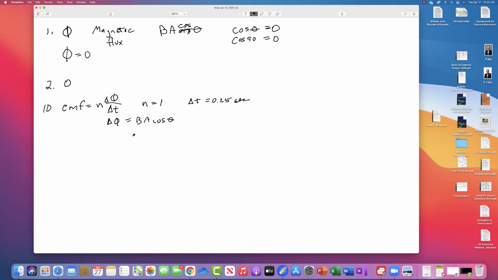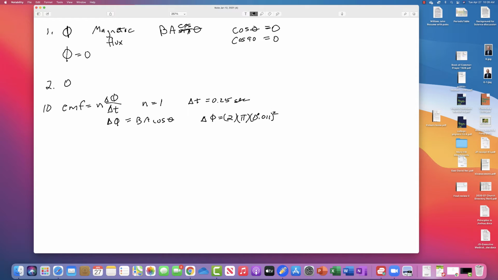And in order to calculate the change in flux, we put in delta psi is equal to B, which is 2 Tesla, times the area, which is pi times the radius squared. The diameter was 2.2 centimeters, so the radius is 0.011 meters.